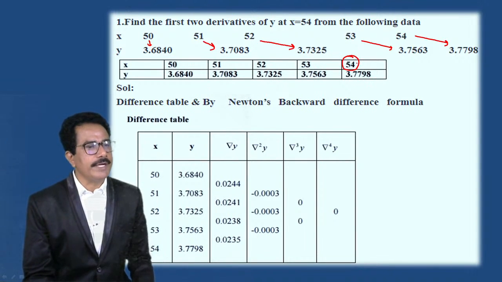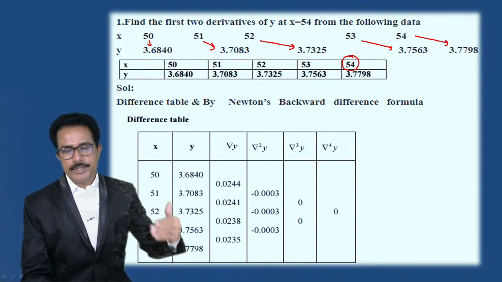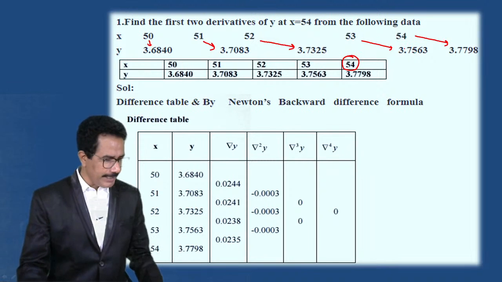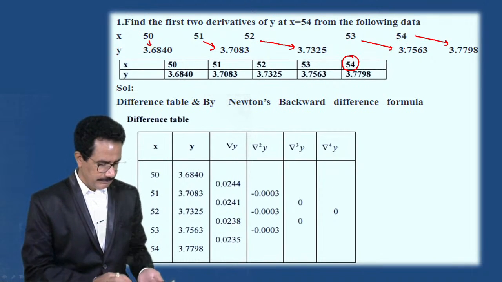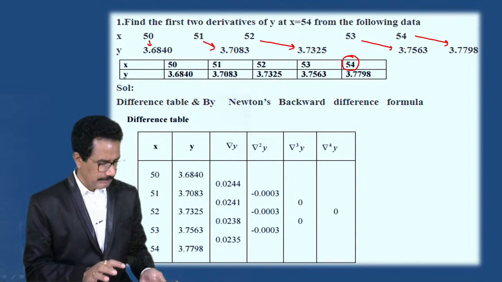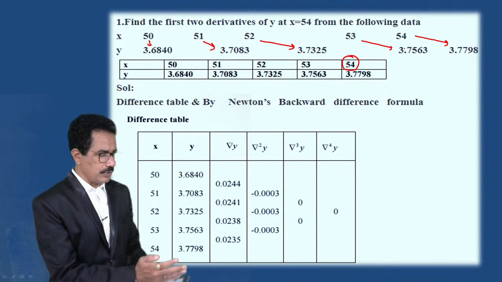Then we have to find the derivative at x is equal to 52.